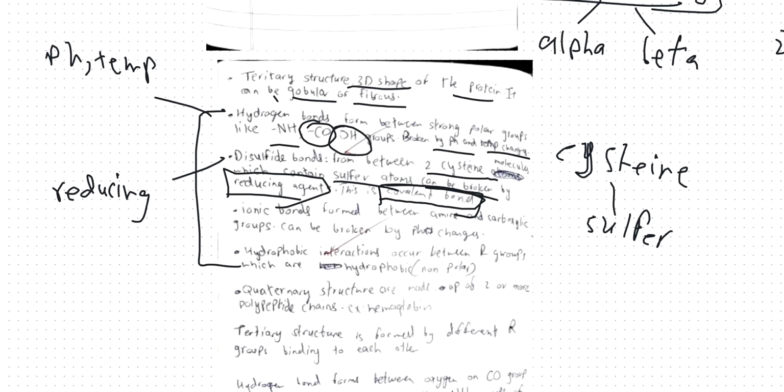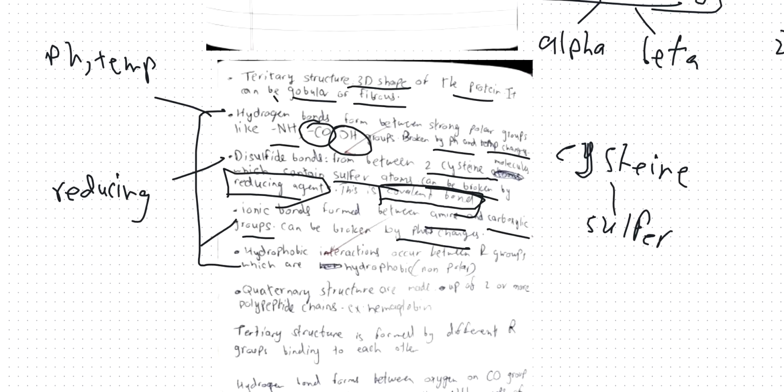And the third type of bond you will form is the ionic bonds. Ionic bonds are found between amino acids and carboxylic groups, and they can be broken by pH changes. Ionic bonds are simply the positive and negative charges that attract each other.